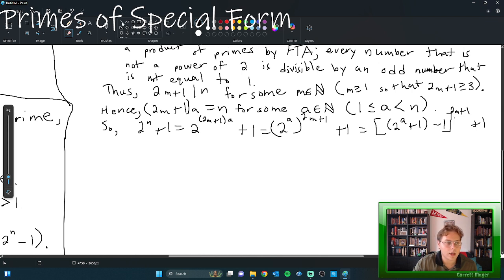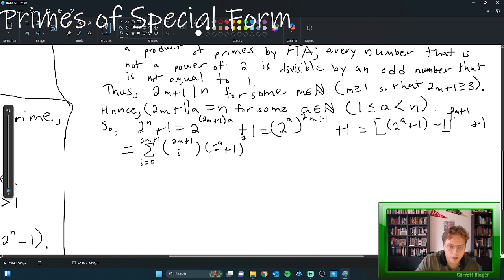So what we can do now is write this out with the binomial theorem. So that equals the sum, i equals 0 to 2m plus 1, of (2m+1 choose i) times (2 to the a plus 1) to the 2m plus 1 minus i, times negative 1 to the power of i, plus 1.